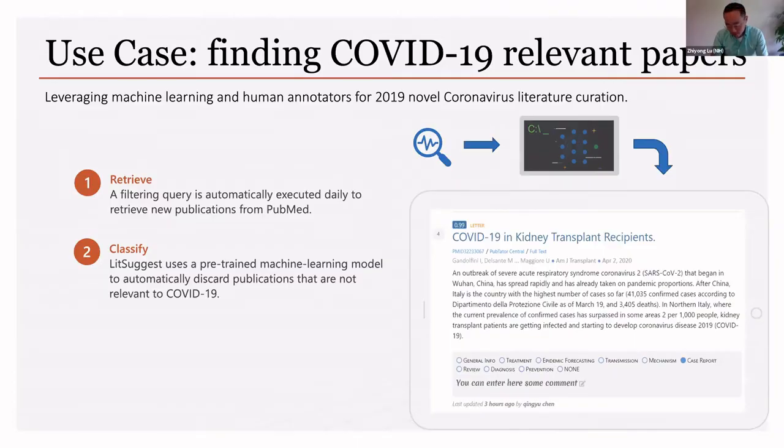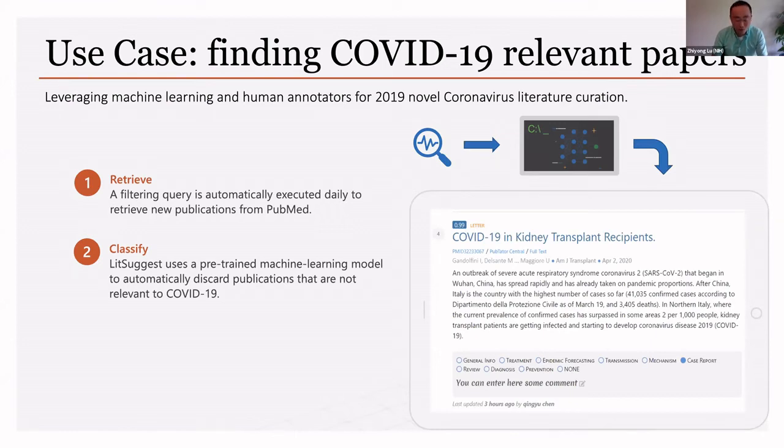One of the reasons we developed LitSuggest is because we really had a need for it ourselves when we were developing LitCovid, which is a curated literature hub for COVID-19 papers. This was very important, especially at the beginning of the pandemic, because the term COVID-19 was not yet used in the scientific literature, even though there were many papers describing it, and there was no controlled vocabulary for COVID-19.